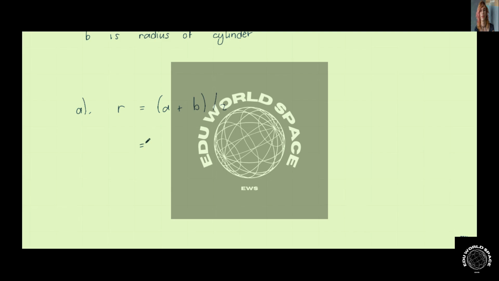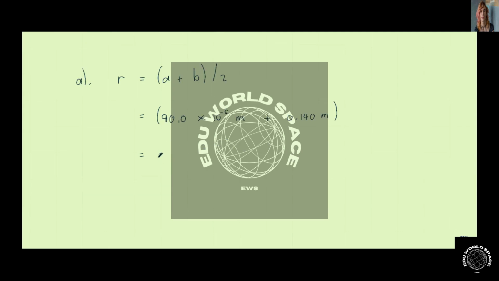We are given these values: 90 times 10 to the minus 6, or 90 micrometers, plus the radius of the cylinder, which is 0.14 meters. And so we get R to be 0.07004 meters.